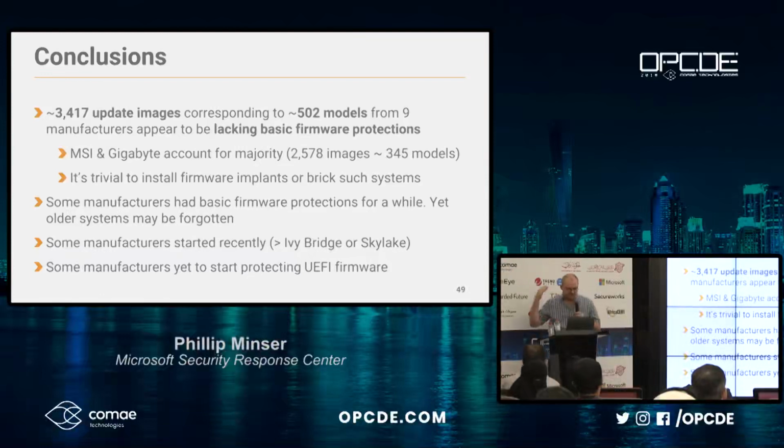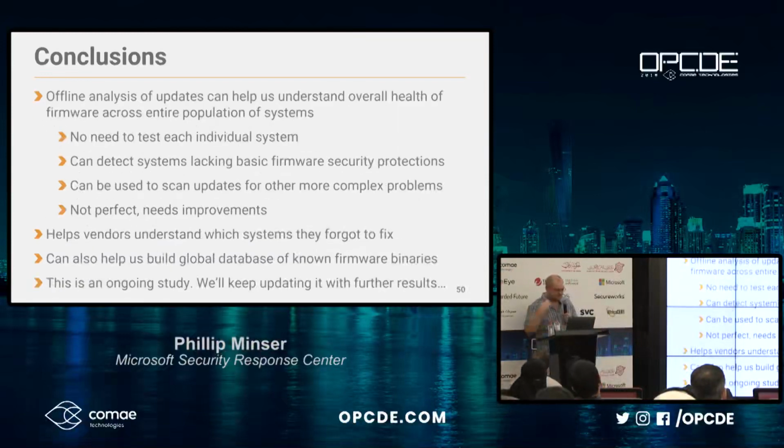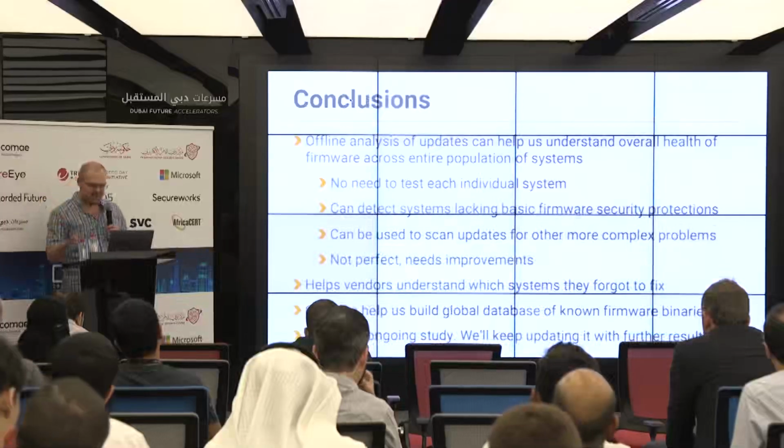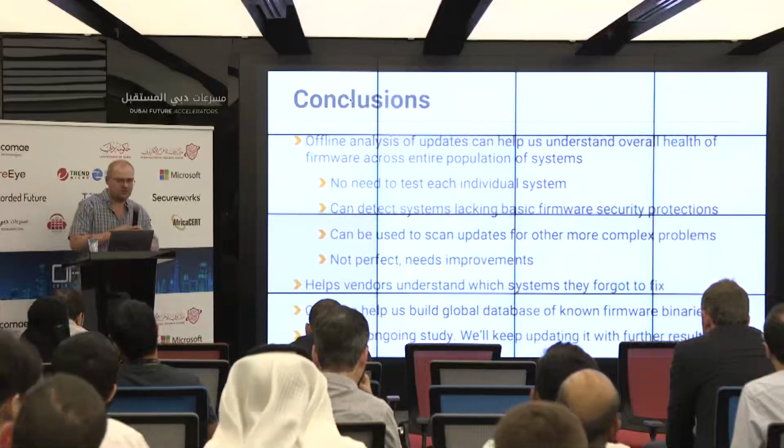There are a bunch of things which can be improved in our static analysis, including going deep inside each binary and checking vulnerabilities like ThinkPwn, vulnerable SMI handlers, and so on, as future research. With this, I'm done. Does anyone have questions?